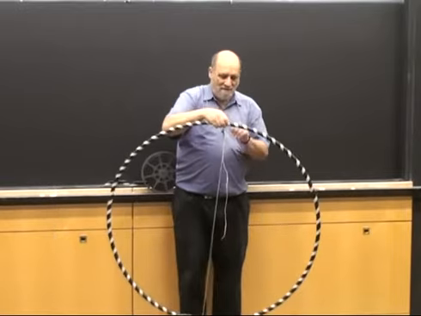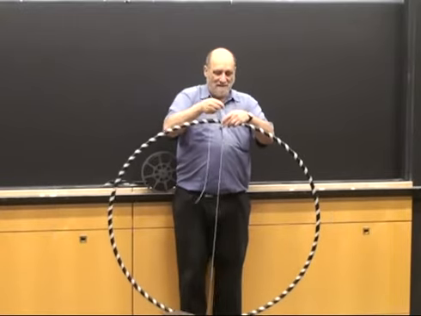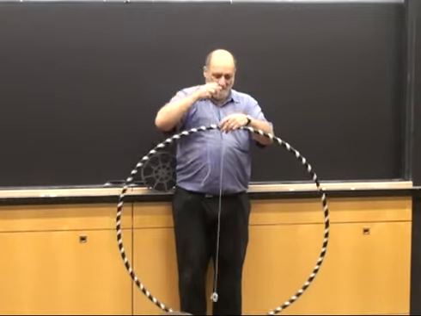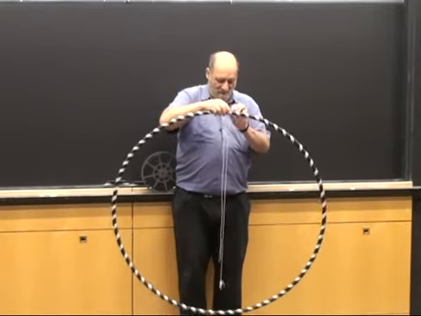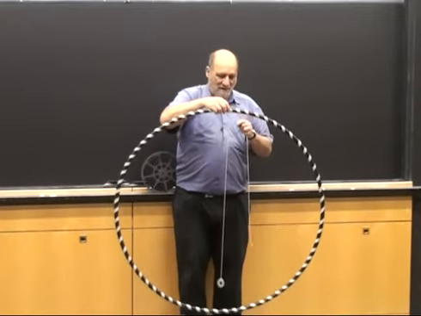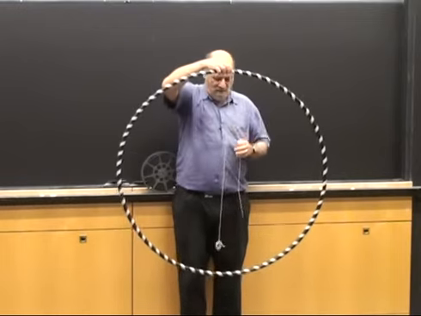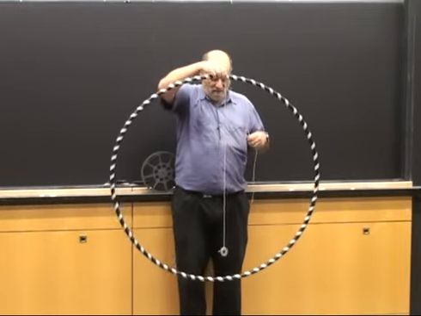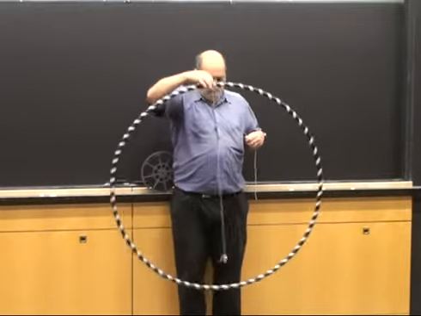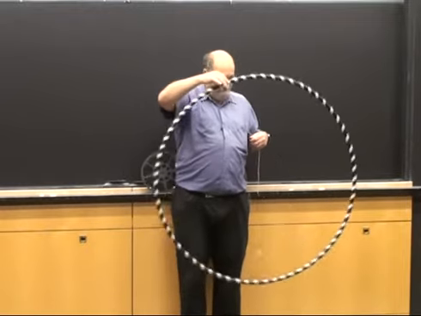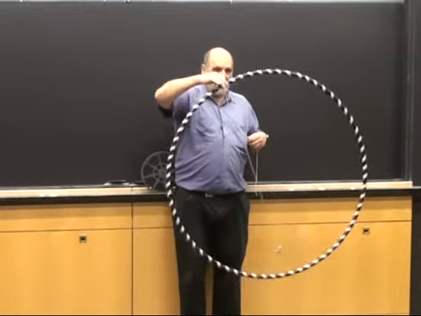And if you doubt that, you think I cheated, let's just make the length here a little bit wrong and then see how it works out. Now I try and swing them together. It doesn't work out.